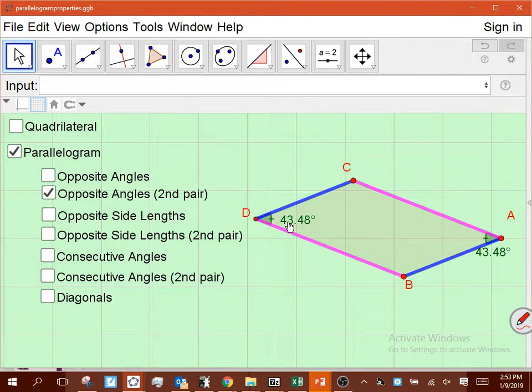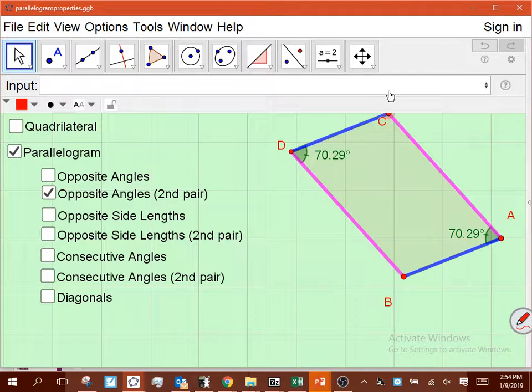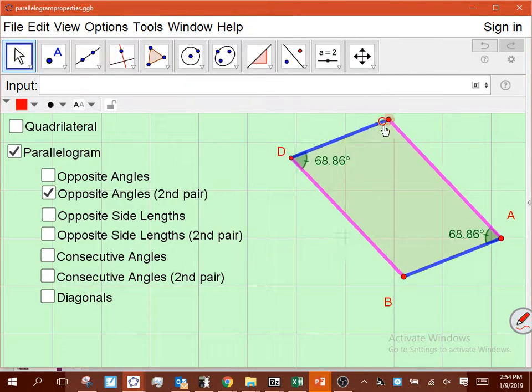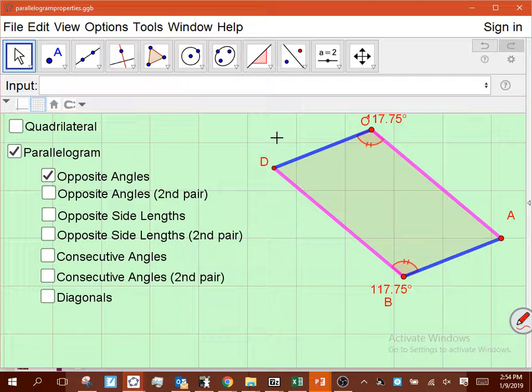Yeah, they're going to be the same. 43.48 and 43.48. No matter where I move these points and create a different parallelogram, are those green angles the same? And if I look at those red ones, are those red ones the same?